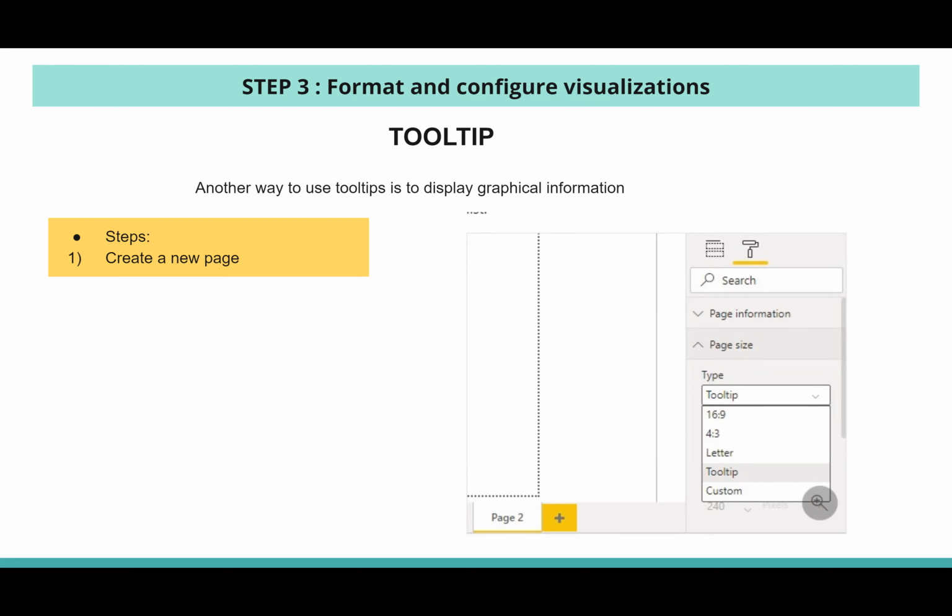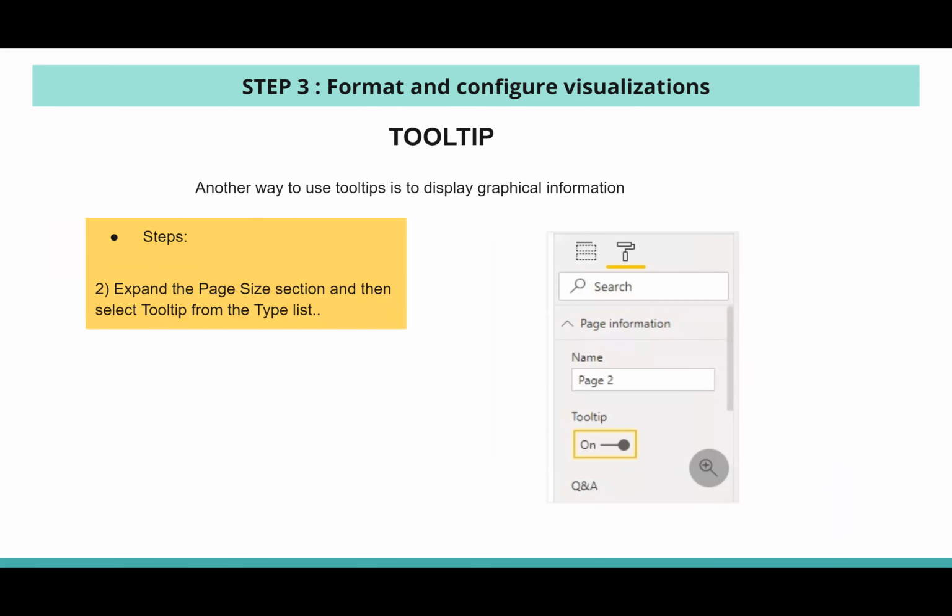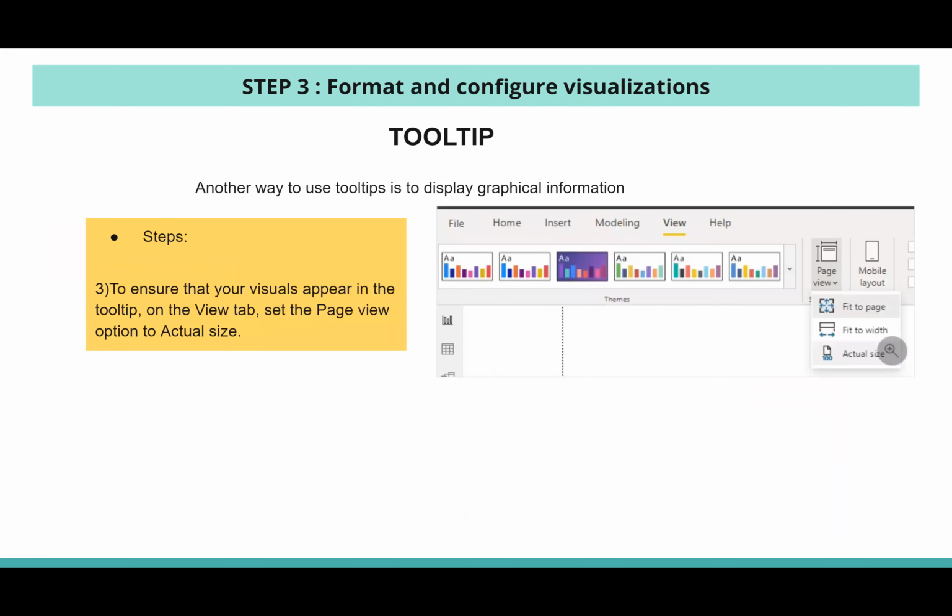You have to create a new page, expand the page size section, and select tooltips from the type list. Then you set how your visuals appear in the tooltips, and set the page view option to actual size.